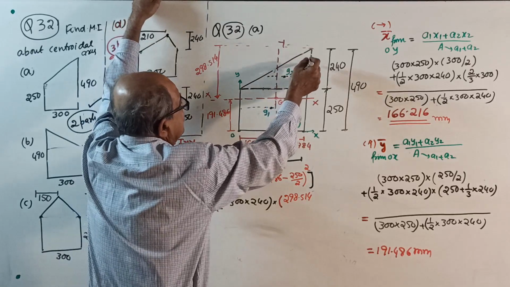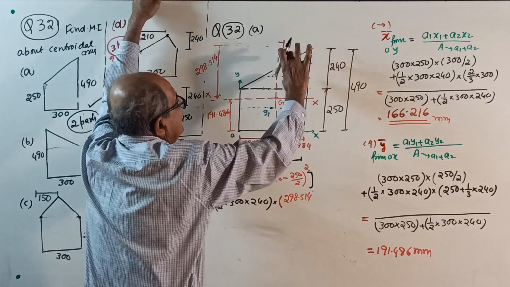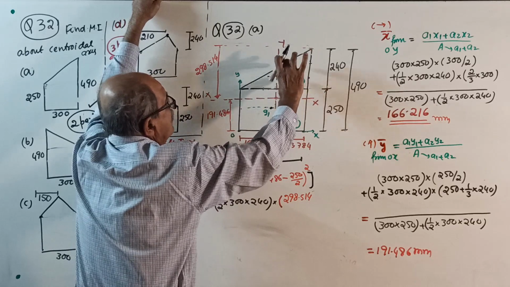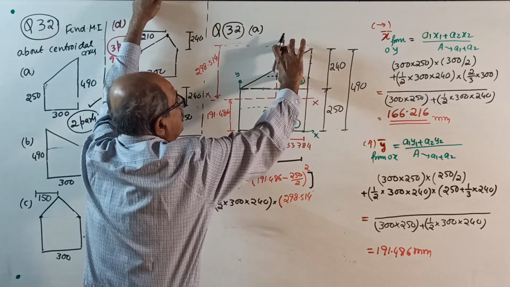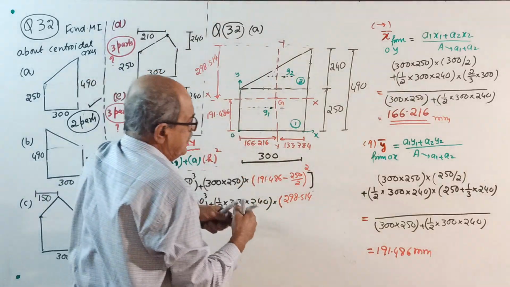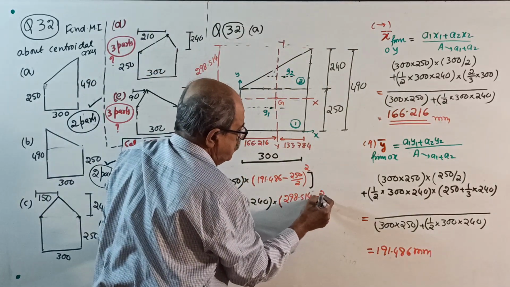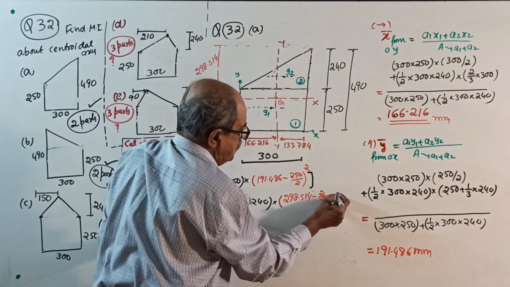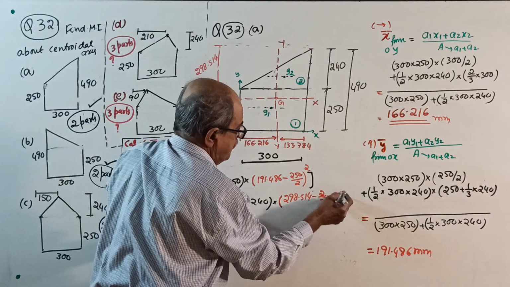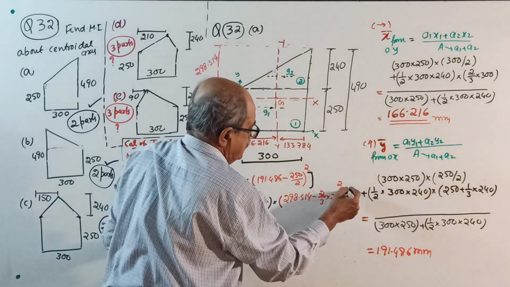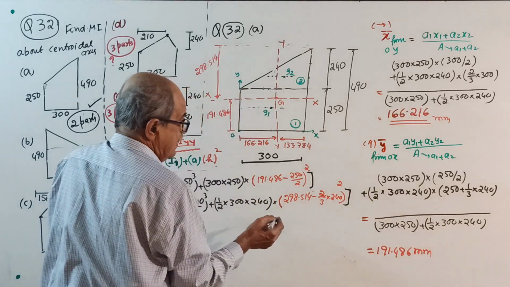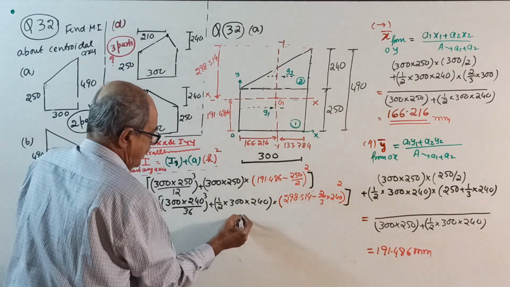From that one, subtract this distance. See, this is 1/3 of 240. This is 2/3 of 240, told hundreds of times, minus 2/3 of 240, that number to be squared. You will get I about x-axis. Write the answer somewhere here.